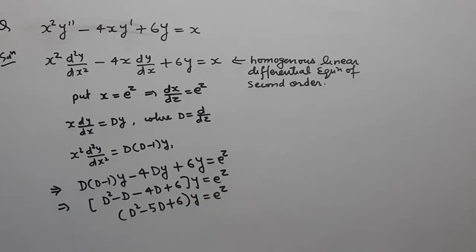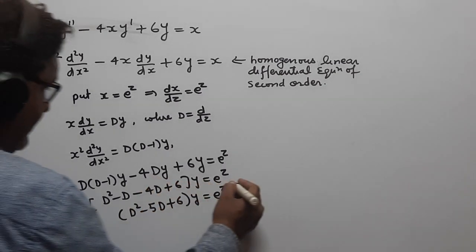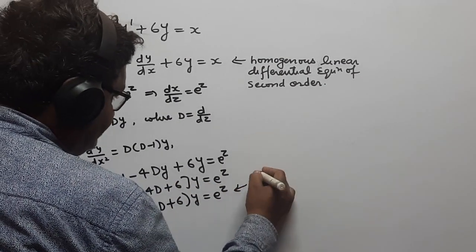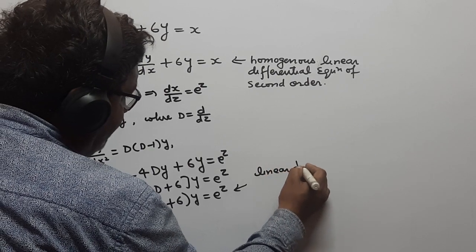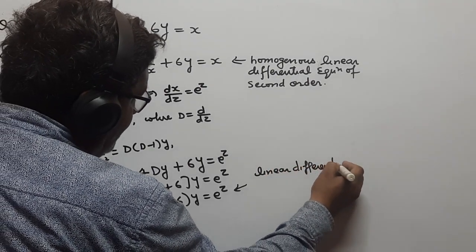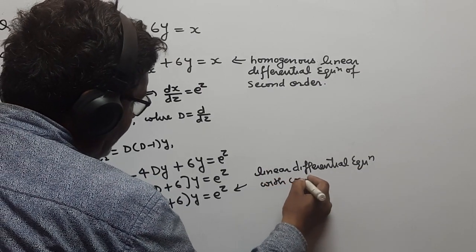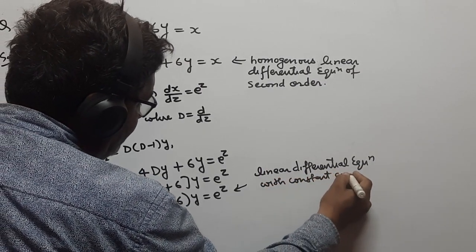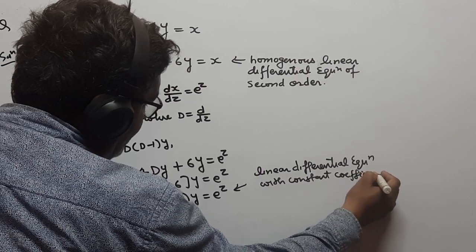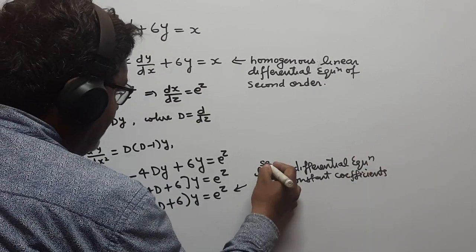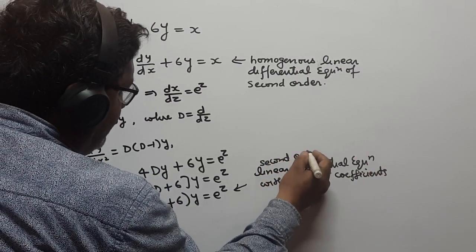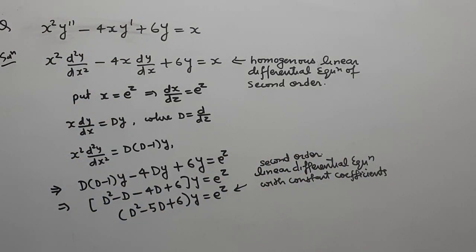You can see that the given homogeneous linear differential equation is reduced into a linear differential equation with constant coefficients. This is a second order linear differential equation with constant coefficients.